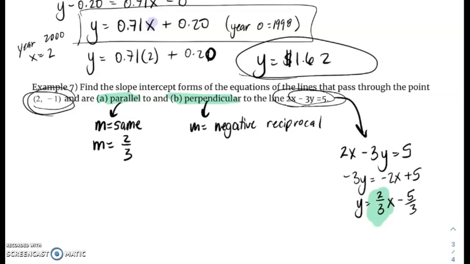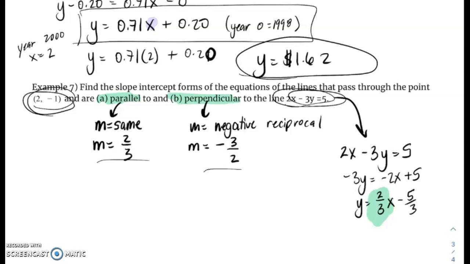For my perpendicular new line, I'm going to look at the original line, the old line, and I'm going to flip the slope upside down. That's the reciprocal. And I'm going to change the sign of it. I'm going to make it negative. Now, if it starts negative, then you'll have positive. Here it's starting positive, so we get a negative. So these should be opposites in terms of reciprocal. They should be flipped, and then they should be opposite in sign with positives and negatives.